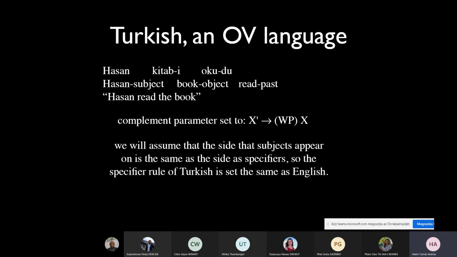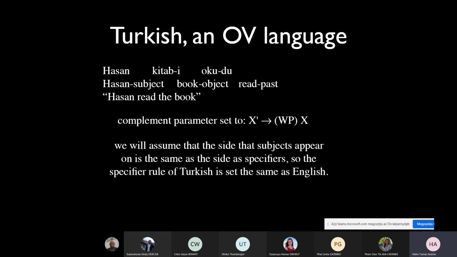So it is Hasan Kitabi. Actually, Kitabi is the same in Arabic, right? Or similar, I guess. So Hasan Kitabi okudu, and this means Hasan, the book, read.